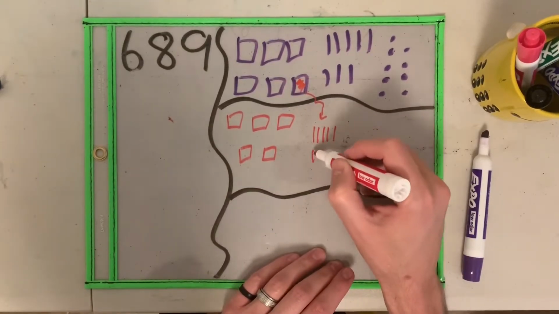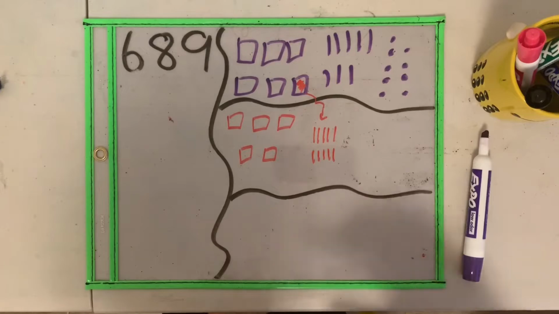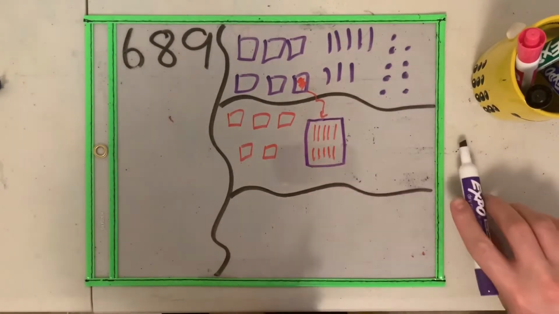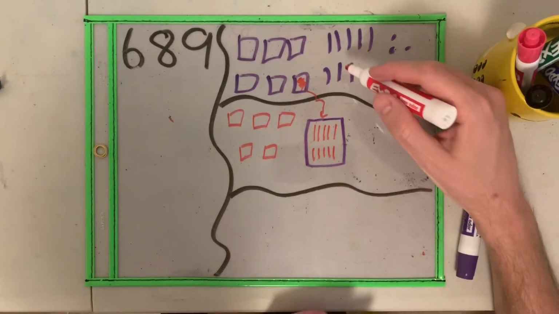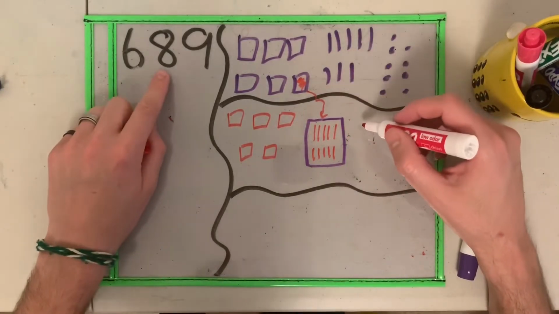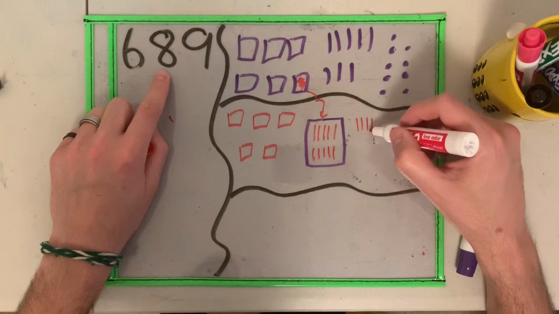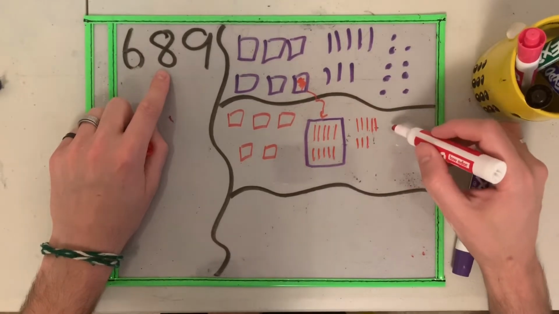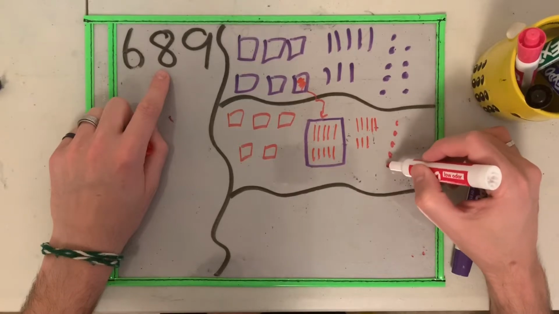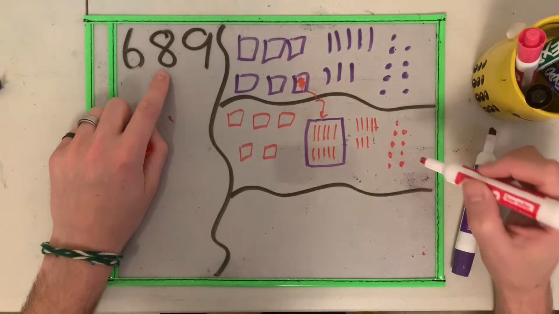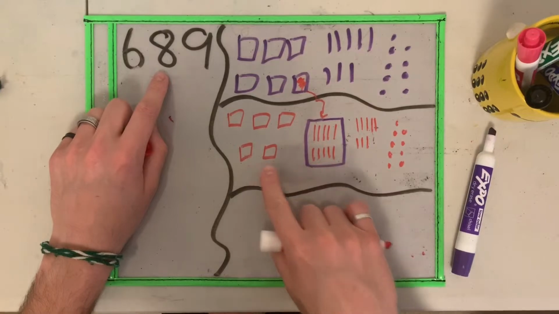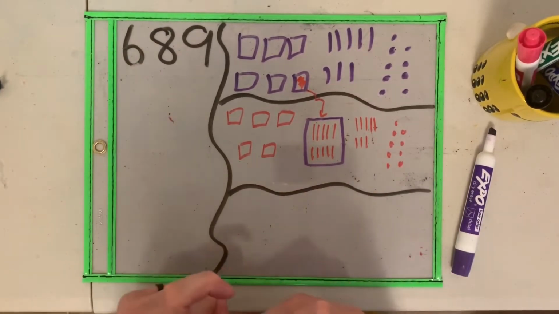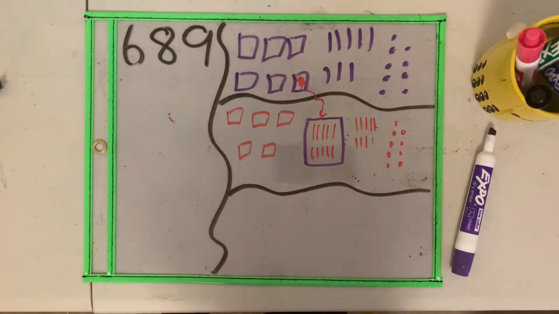And we need to remember that 10 tens equals 100. And now we have 8 tens and 9 ones. We have 500, we have 18 tens and 9 ones. And this is the same as this number.